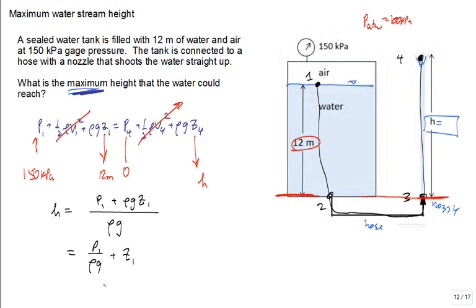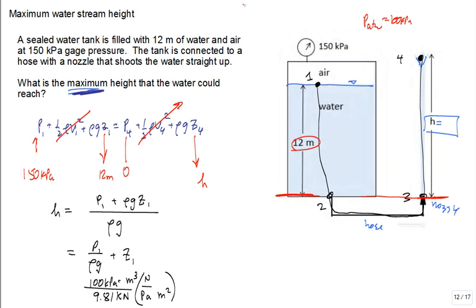Okay, so we have 100 kilopascal. And then rho g for water, well, that's 1,000 times 9.81, 9.81 kilonewtons per cubic meter. And Pascal is Newton per meter squared.